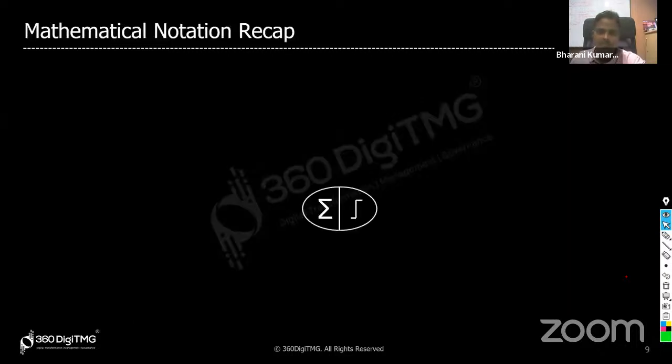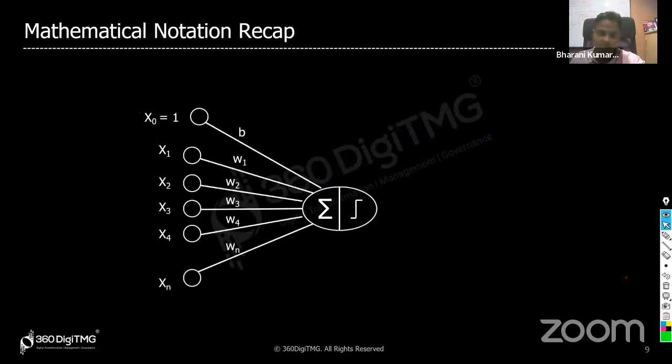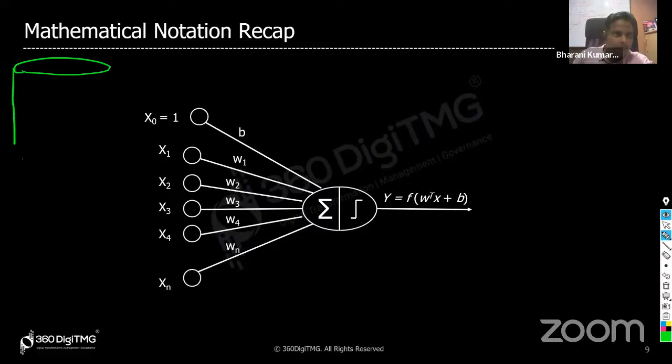Okay. Now let's get into the math notation part. So here, okay, let me explain it. Suppose in your underlying database, you have 5 inputs and an output variable.